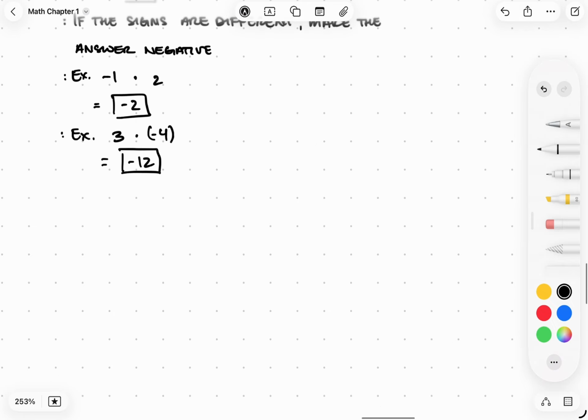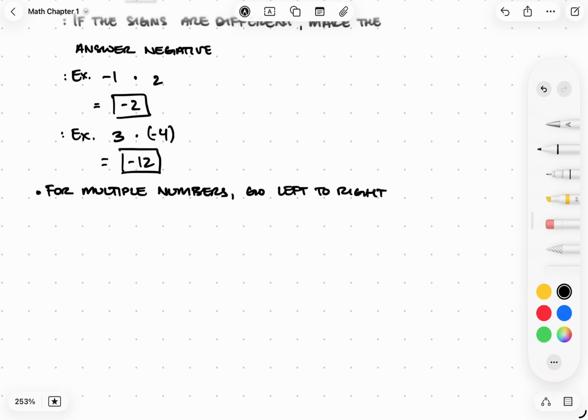Now, let's do one more example. For multiple numbers, go left to right.